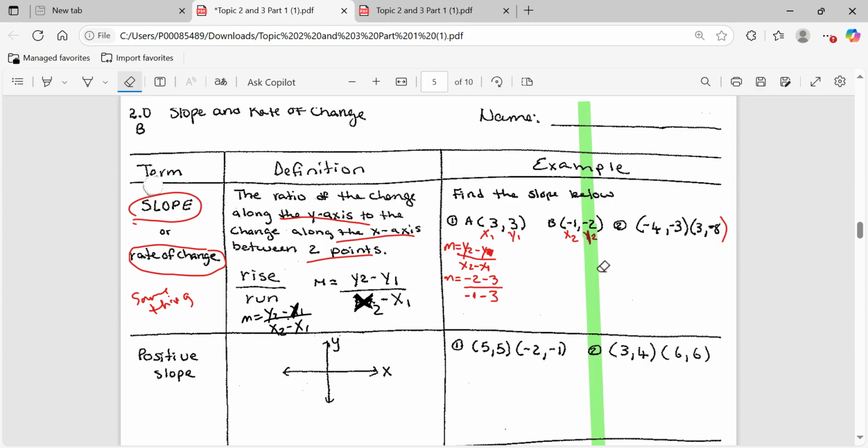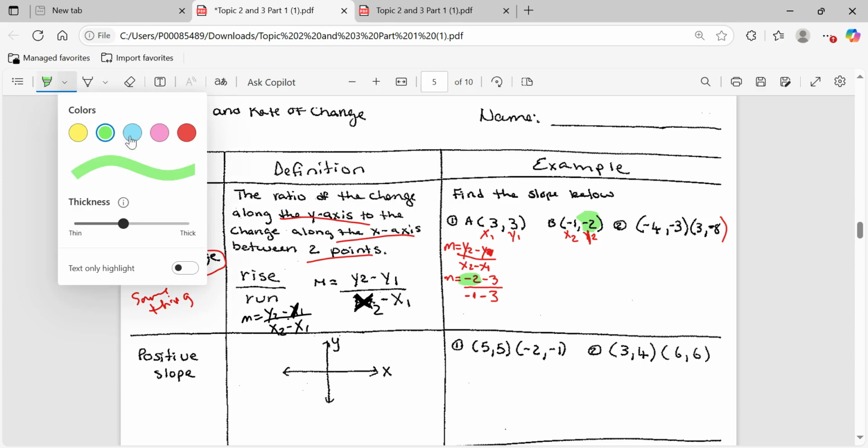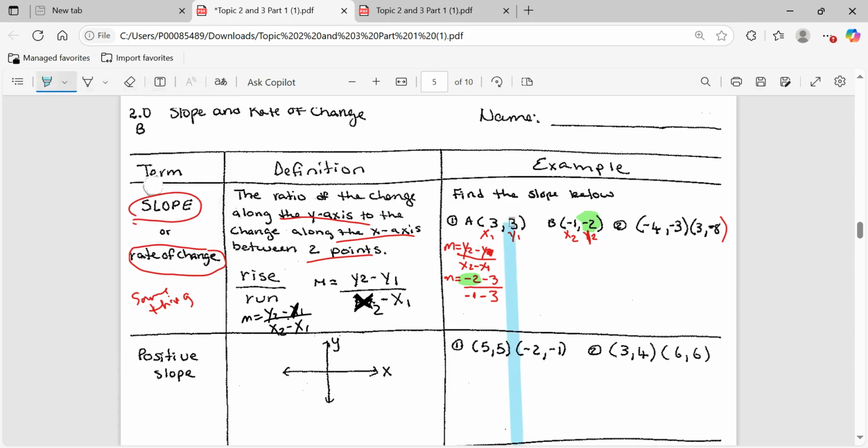So y2 minus y1. This thing is not working for me.